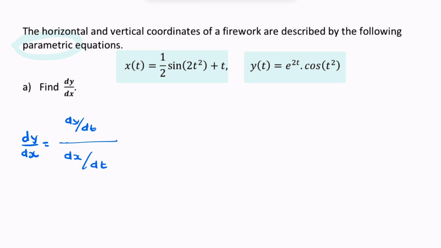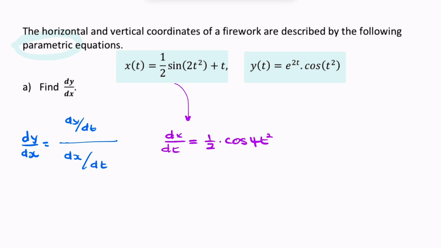So for x, it looks like it's straightforward. dx by dt, the derivative of a sine is cosine, so it's half times cosine 2t squared.